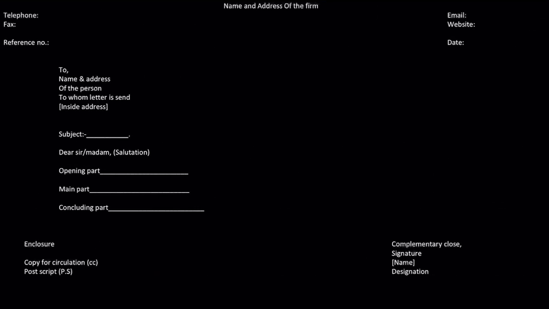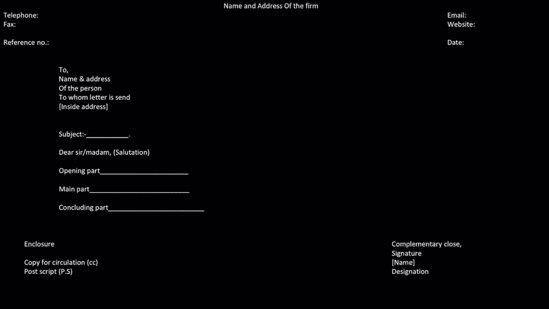Then on the left hand side, you can see the contact details are given, that is telephone number and fax number. On the right hand side, email address of the firm and website of the firm. All these things need to be mentioned. After that, again on the left hand side, you can see reference number. Here you have to give reference number to the letter. It can be number, it can be also word, or it may also include the current year.